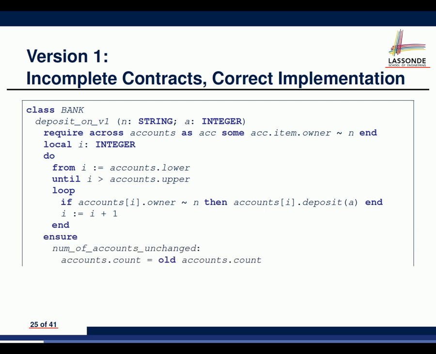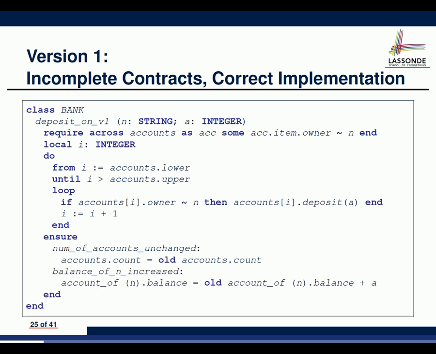And then what about ensure? Let's say we write some contracts over here and see why it is incomplete. I want your help to explain to me. Let's say we ensure, number 1, that the number of accounts in the bank stays unchanged, which means we don't add any new accounts to the bank. It still remains 2 accounts in the bank, okay? That's the first one.